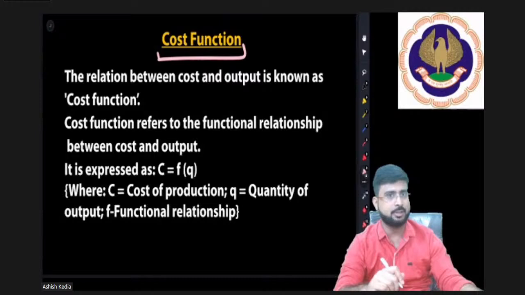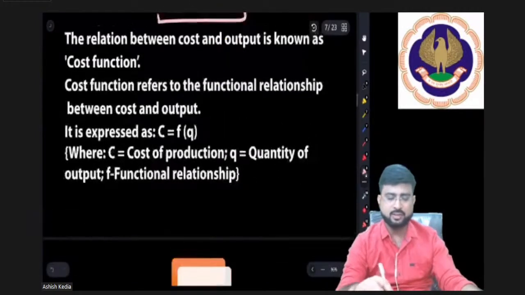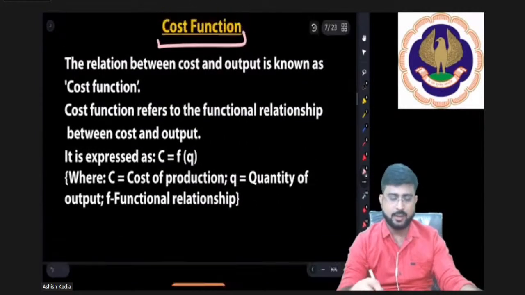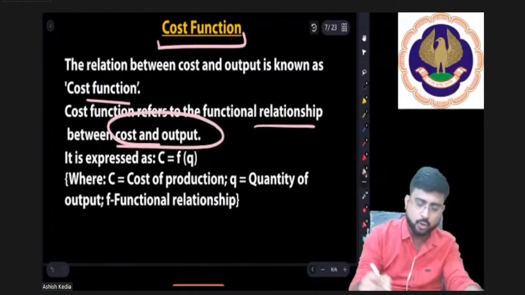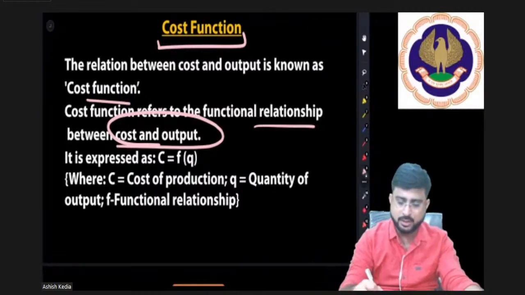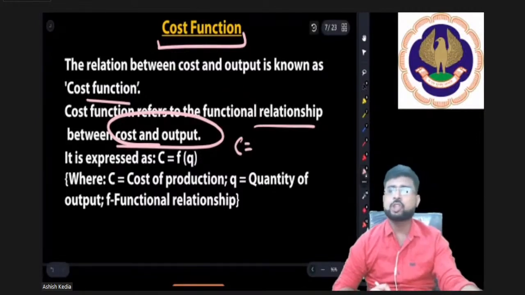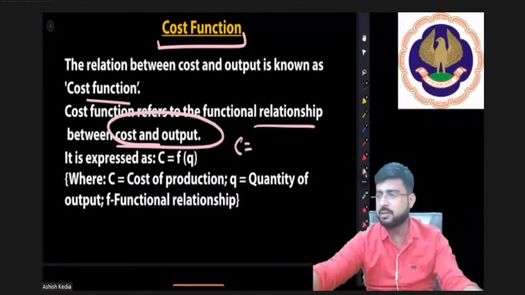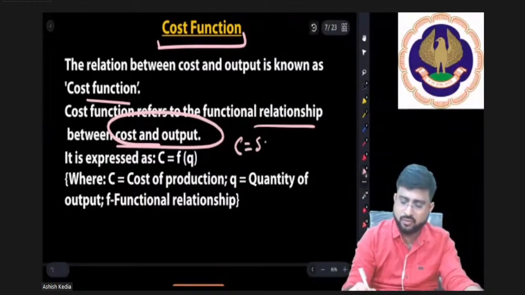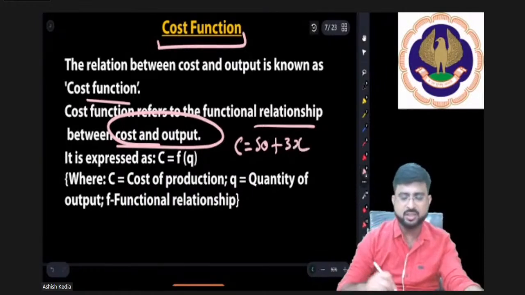Pay attention everyone. So what is cost function? The relationship between cost and output. Let's say for example, the cost of producing a product is 50 plus 3x. What does it mean, sir?